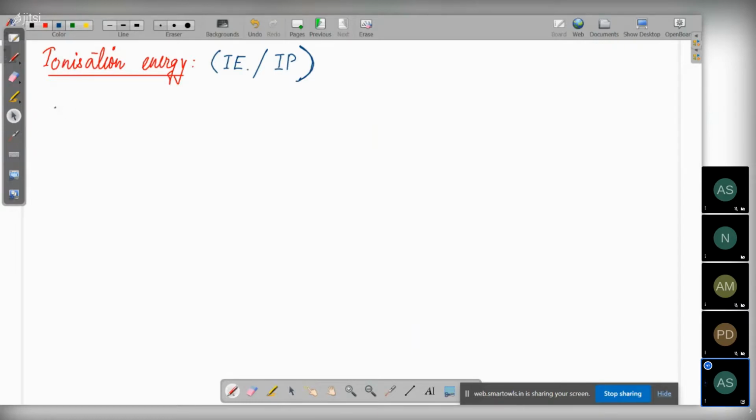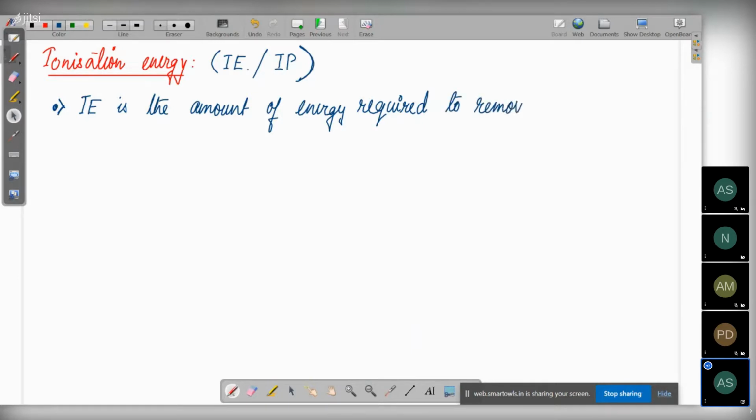So let's write down the definition. Ionization energy is the amount of energy required to remove one valence electron from an isolated gaseous species.